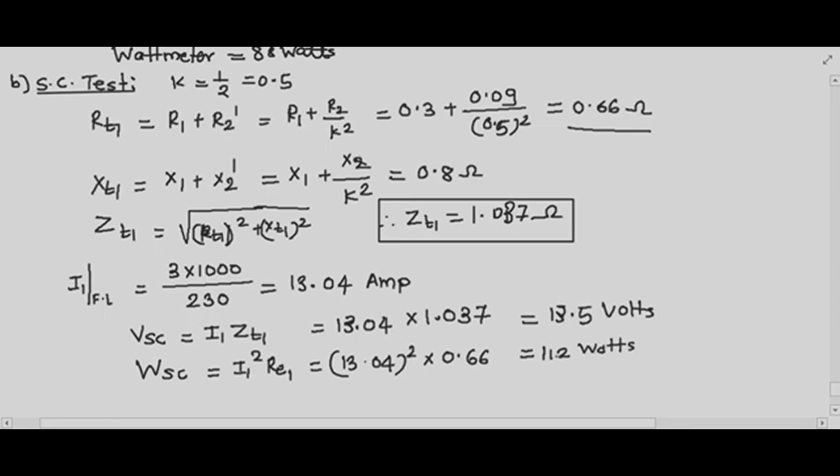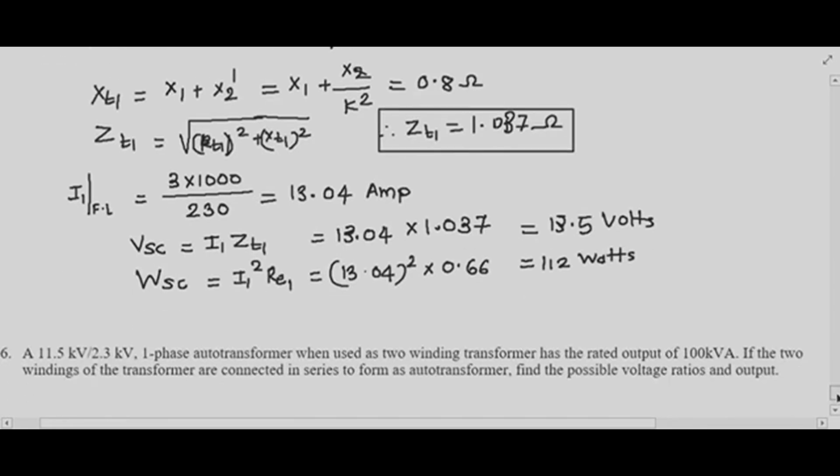Okay students. So what are the instrument readings? At the time of short circuit, my voltmeter will show me a 13.5 volt reading, right? My ammeter will show me a 13 ampere reading.